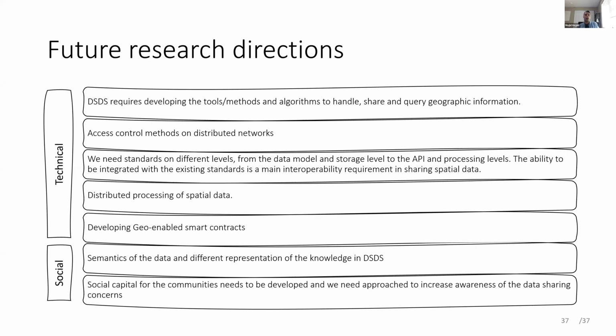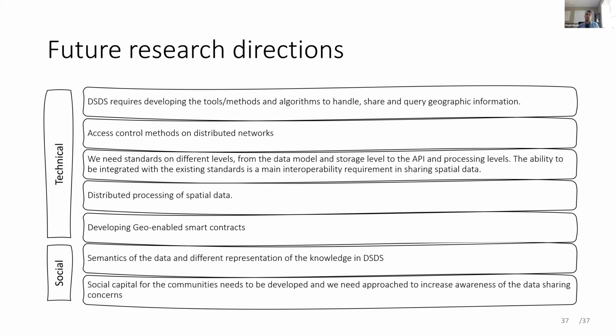We need to have, for example, geo-enabled smart contracts to allow us to use geographical information and analysis there. We don't necessarily need traditional geocomputation power.